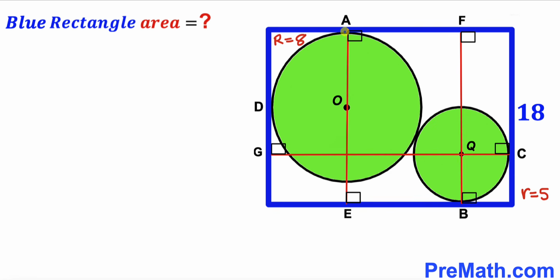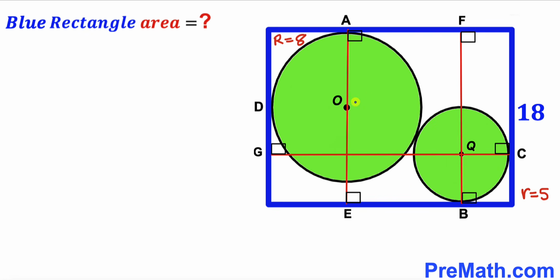We can see that this line AE and this line FB is equal to the width of this blue rectangle, and we know the width is 18. And likewise this horizontal line CG is equal to the length of this blue rectangle. So now our task is to calculate the value of this length CG.